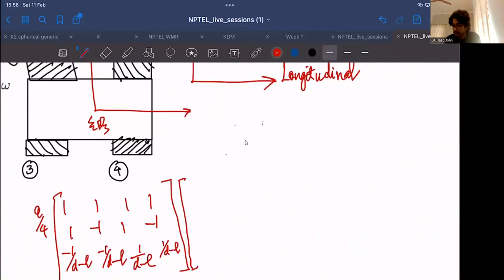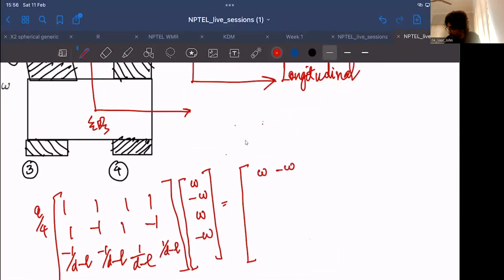If we substitute omega, minus omega, omega, minus omega and multiply this throughout, what would be the case? The first row would be omega minus omega, omega minus omega, and the second row would be omega plus omega plus omega plus omega.